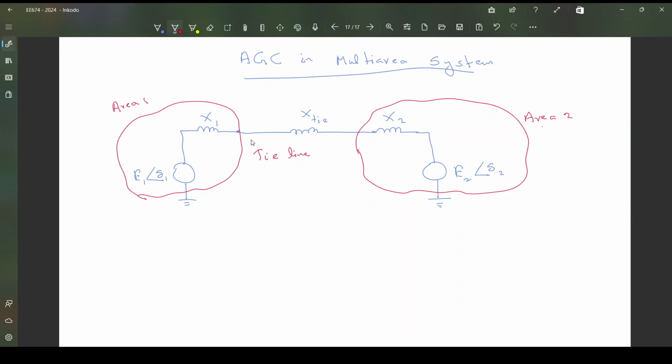So if you analyze this circuit during normal operation, the real power transfer over the tie line is given by the equation.